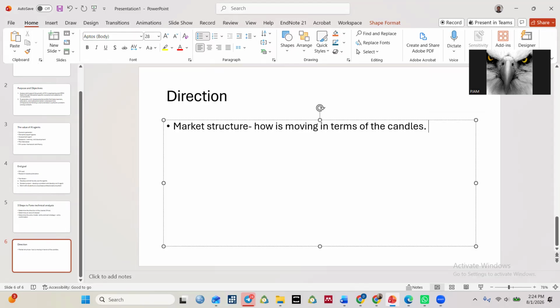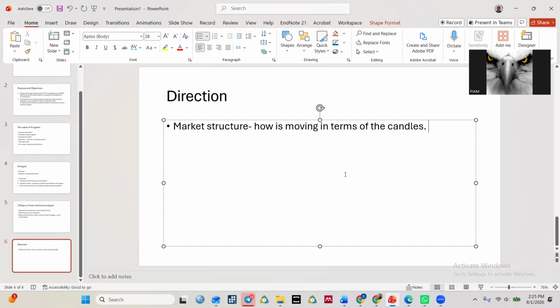Okay, you can understand the direction of the market when you look at the market structure in terms of how the price is moving. Is the price moving up or is the price moving down? If the price is moving up, it means the bulls are in control. If the price is moving down, it means the bears are in control. Now, like I said, the price is not going to be moving in a straight line.